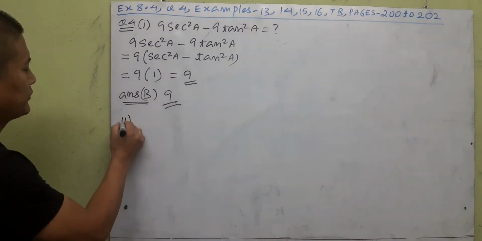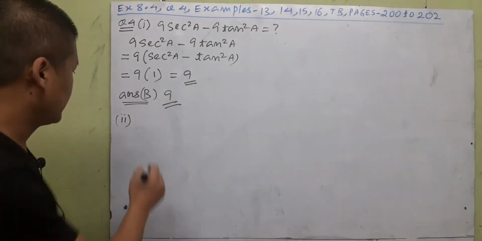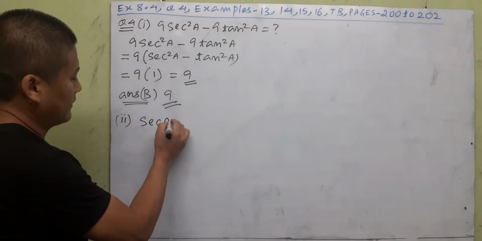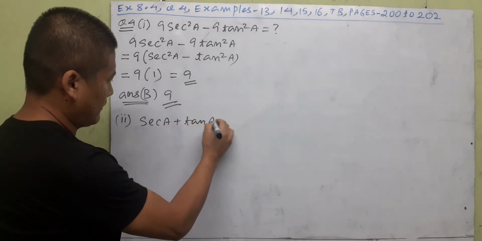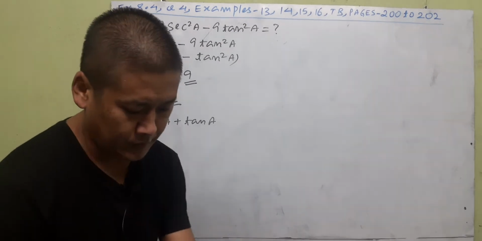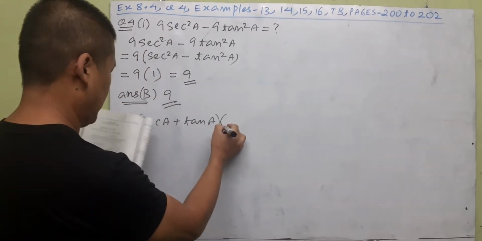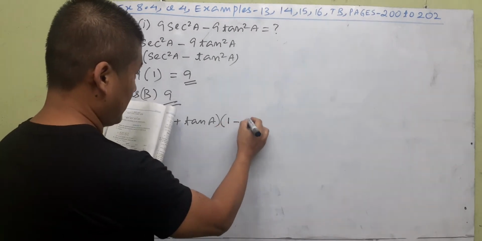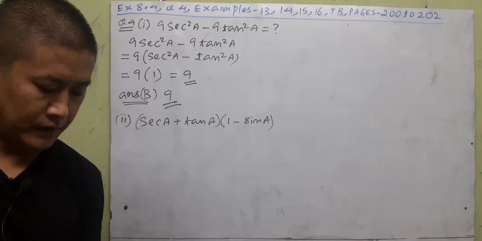Let's do number 2. We have to find out here (sec a plus tan a) into, bracket means into, (1 minus sin a). So we have to find out what value this is.